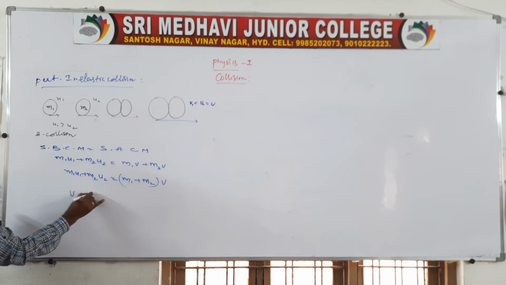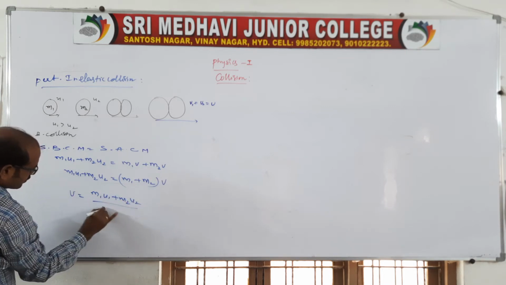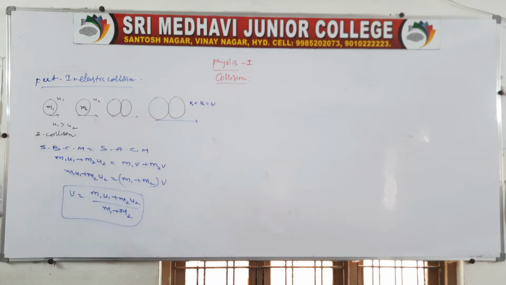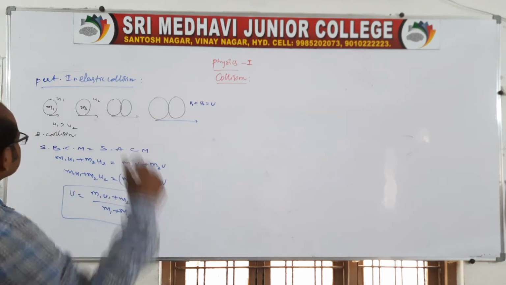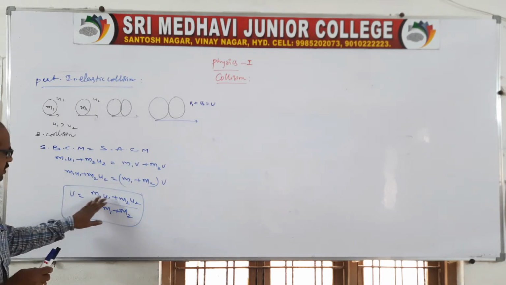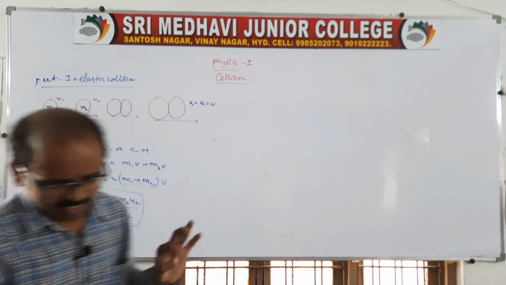Then the common velocity is v equals (m1 u1 plus m2 u2) by (m1 plus m2). This is related to a perfectly inelastic collision.